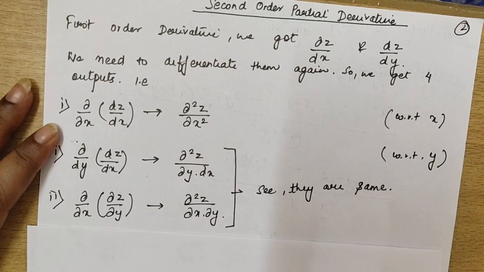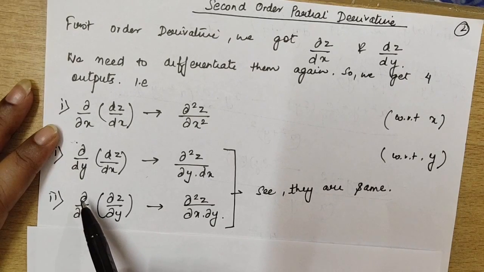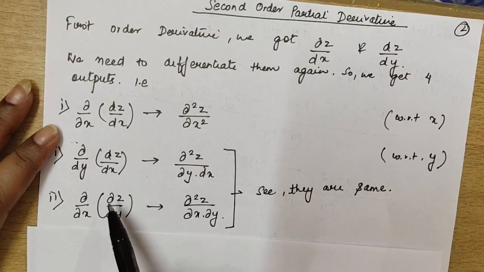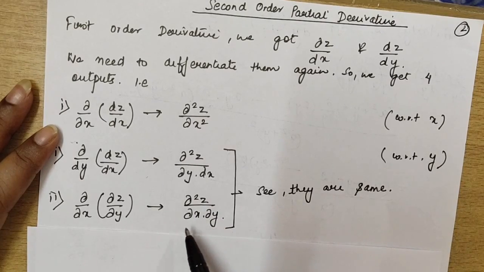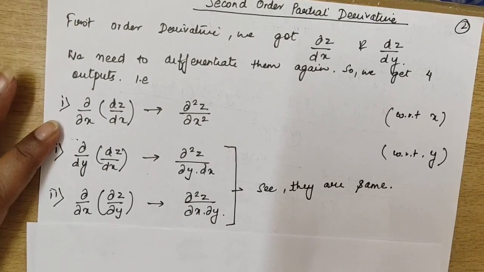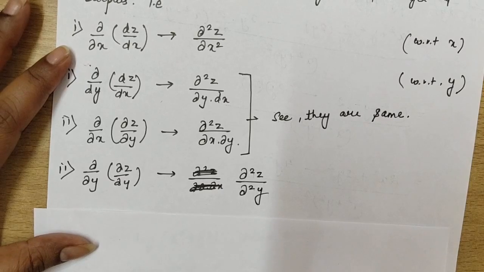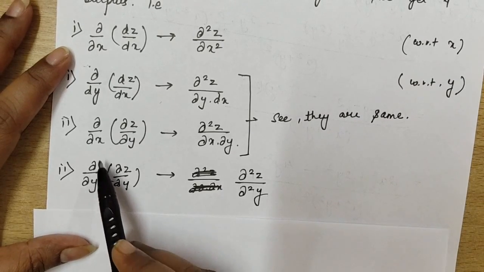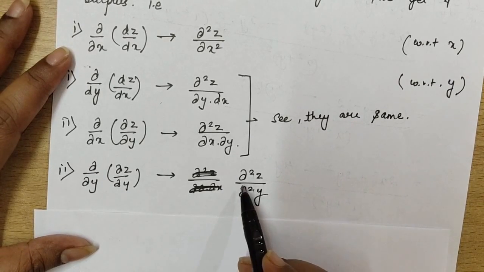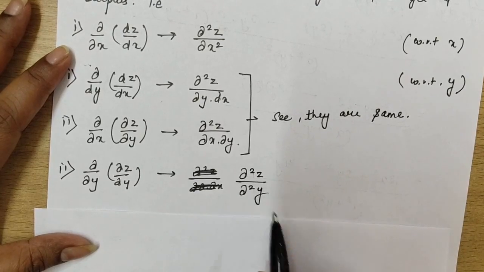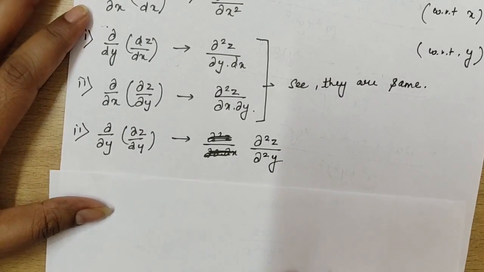That is, this delta by delta x into delta z by delta y. We get delta square z by delta x into delta y. Again, we differentiate this with respect to y. We get the result of delta square z by delta square y.